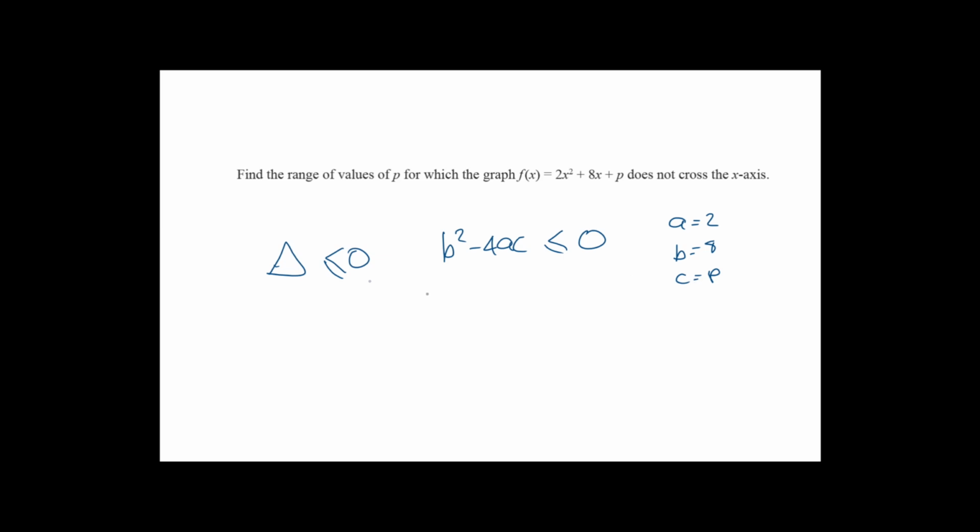Okay, so 8 squared minus 4 times 2 times p less than or equal to 0. So 64 minus 8p less than or equal to 0.